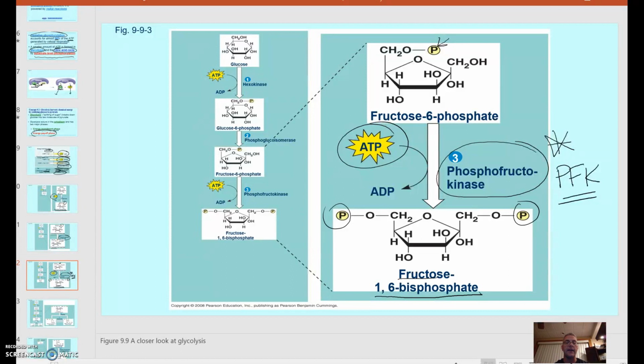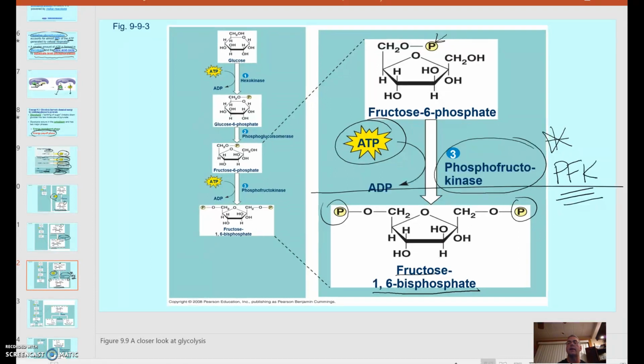And essentially the accumulating level of ATP as well as citric acid will actually inhibit the PFK enzyme and thereby stop the process. When the ATP levels are low, this process will actually proceed forward. And I'm going to show you at the end of the chapter that there's actually some things that will boost this particular process when the levels are elevated, such as adenosine monophosphate.